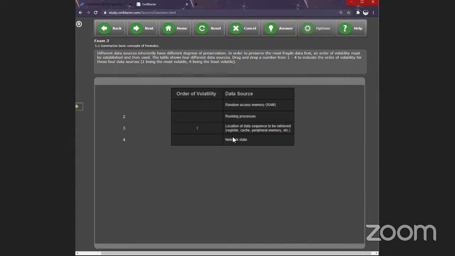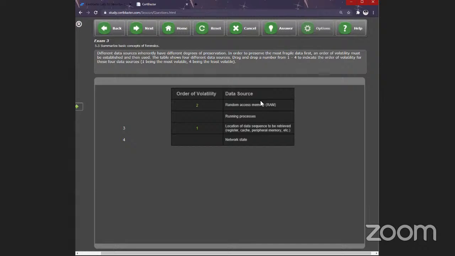Then our RAM would be our second. We're talking about applications now running in memory, other resources running in memory. Process, network state.